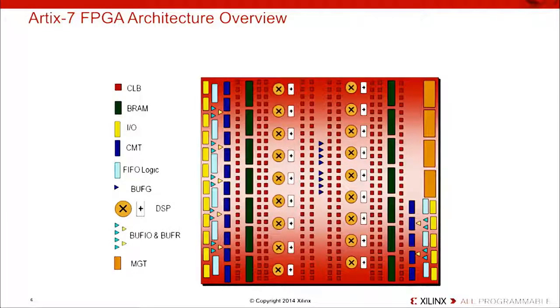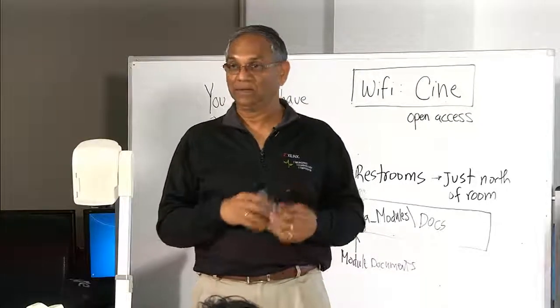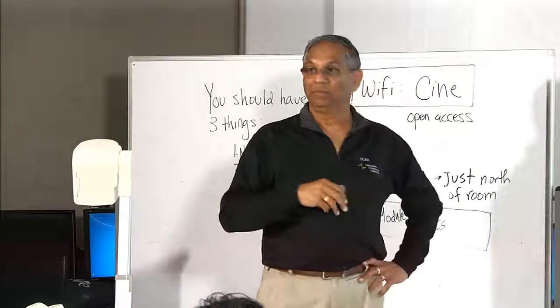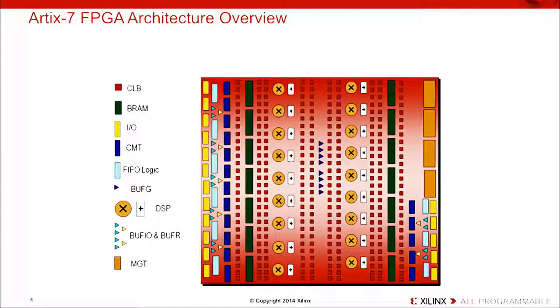Right, so that basically has the DCM, what used to be called DCM is now called MMCM, and then PLL. Okay. And then you have the BRAM. Some of the BRAMs can be converted into a FIFO or can be used as a FIFO, so you have FIFO logic. And then you have BUFG and DSP processors or DSP slices, which are column based, which can be used for arithmetic and logical functions. Right. And then you have BUFIOs and then MGTs, which are transceivers.